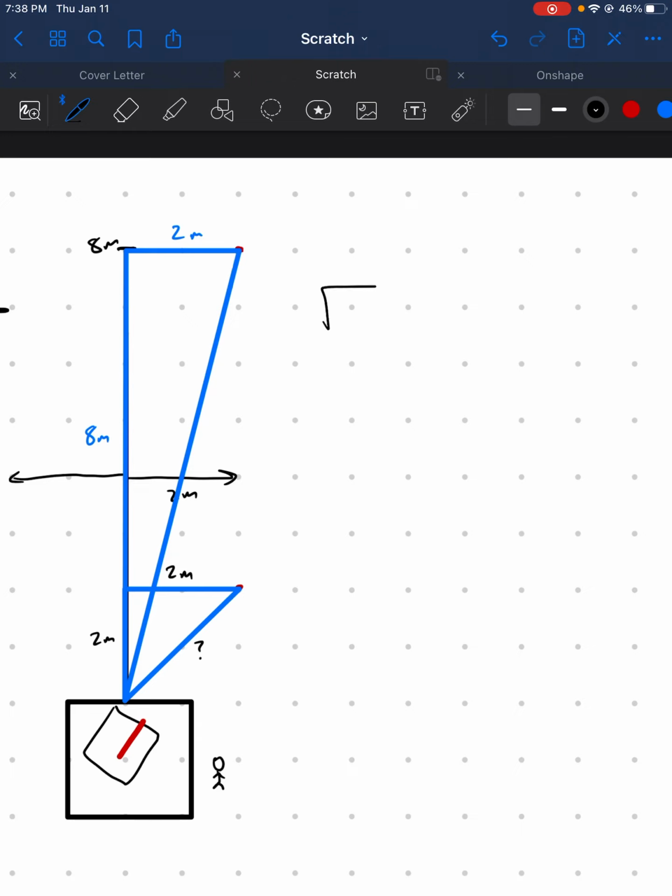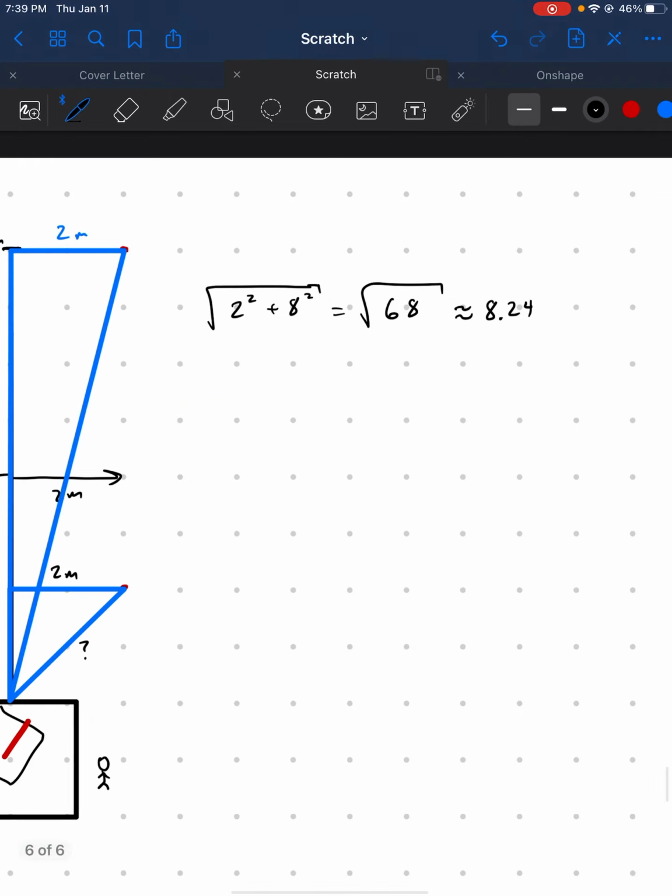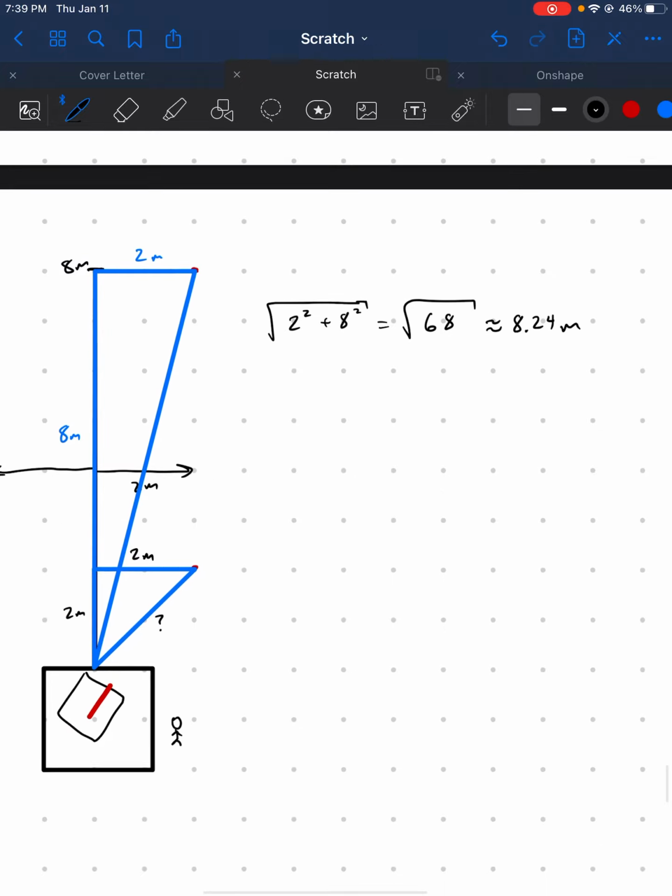So you get the square root of 2 squared plus 8 squared, and that gives you what? Sorry, you're not here. Square root of 68 is around 8.25, I think. .25, yeah, meters, right?